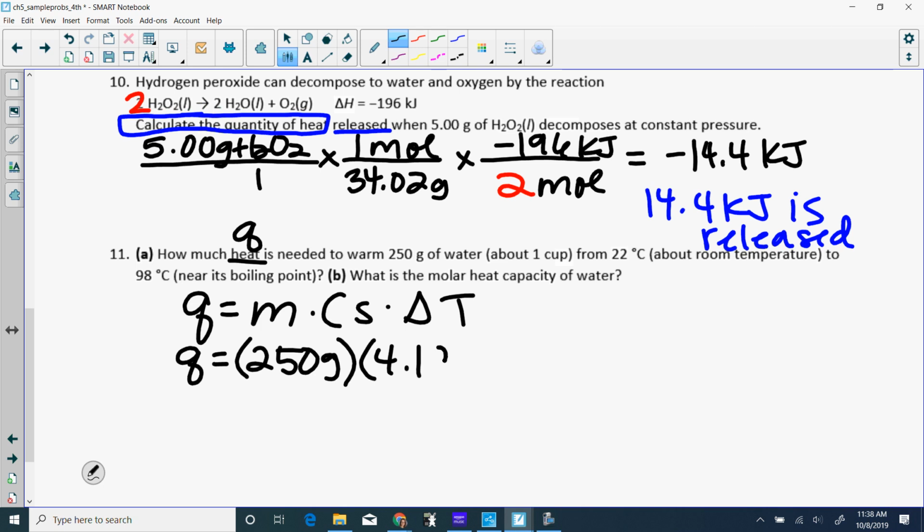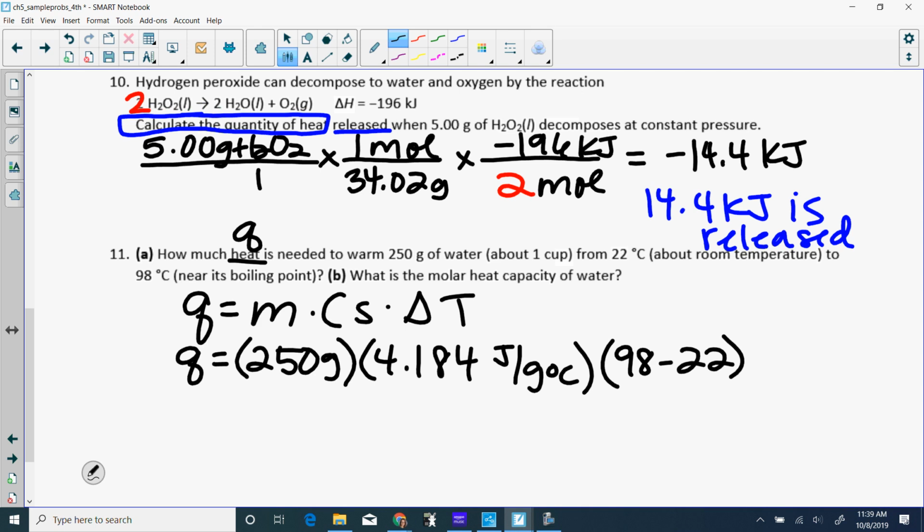The specific heat for pure water is 4.184 joules per gram degree Celsius. Our change in temperature is always going to be our final minus our initial, so 98 minus 22. It's going to come out in joules.